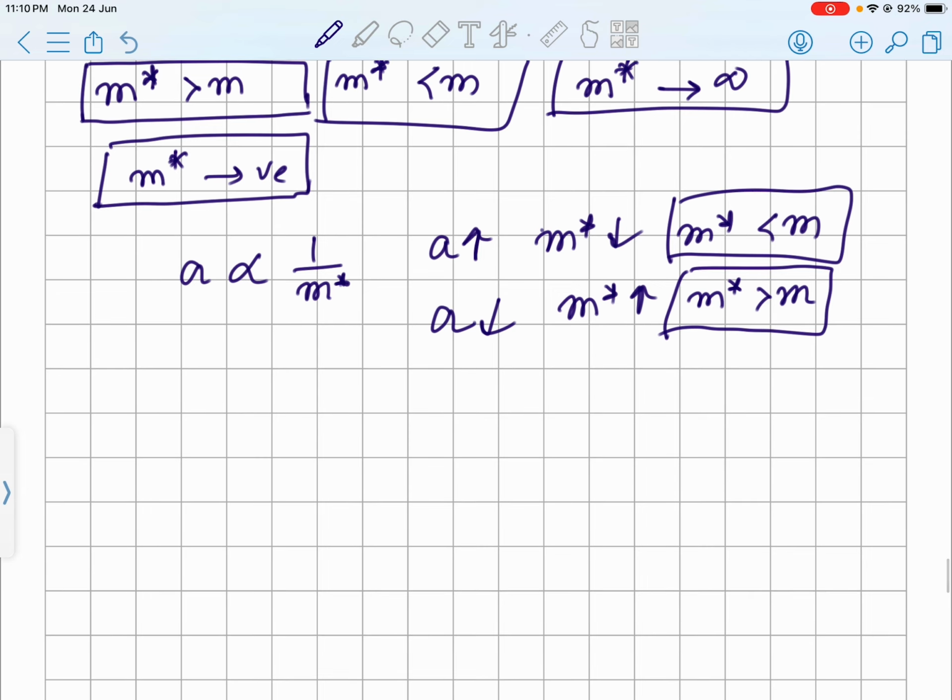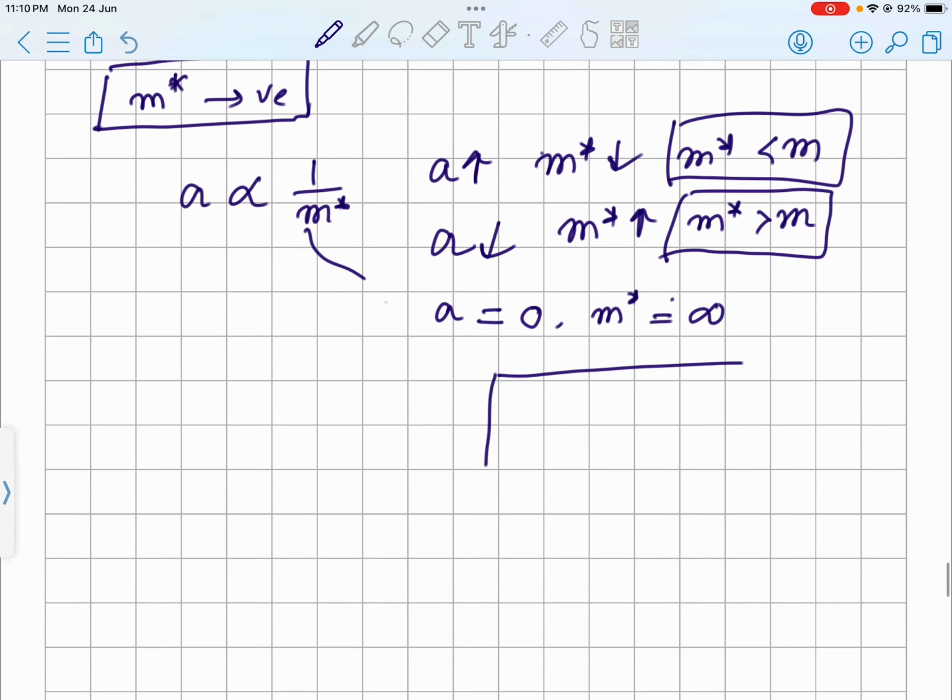Now when m star will be infinity? See, when a equals 0, then m star will be infinity. Now when a will be 0, we will discuss this. Let us consider this is a solid, and if we put an external force, you can consider it force.